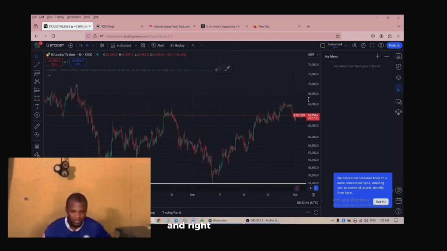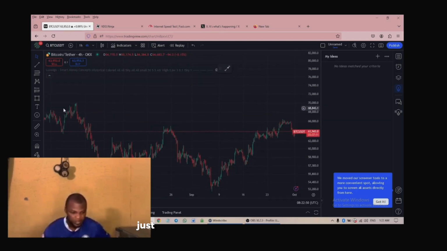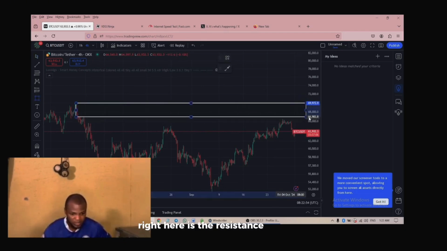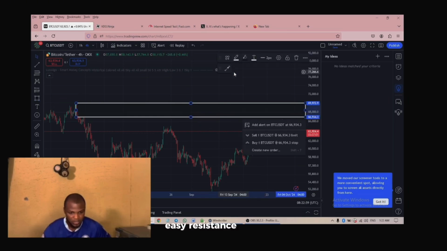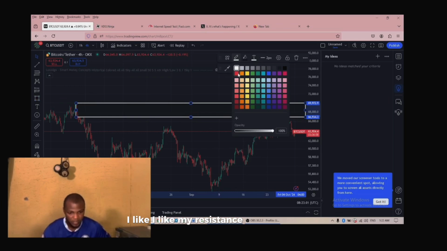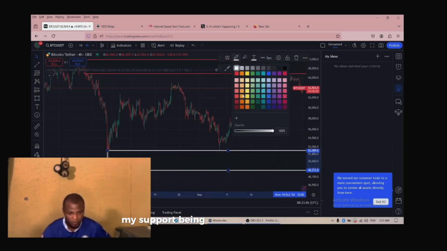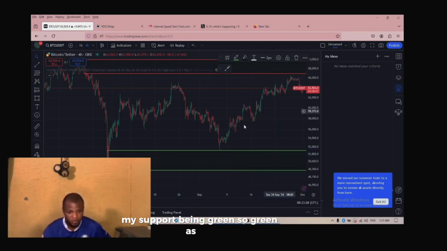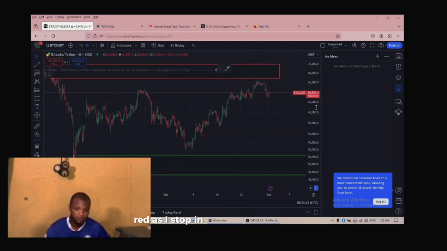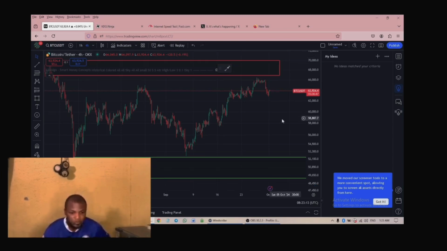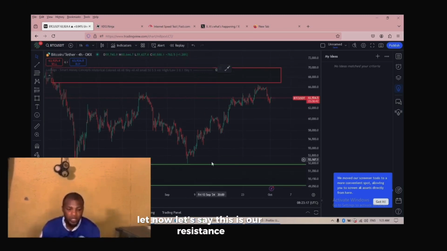And right here, just checking on the chart, right here is the resistance. I like my resistance being red and my support being green. So green as in go, red as in stop. They teach you in secondary school. So now let's say this is our resistance and this is our support.